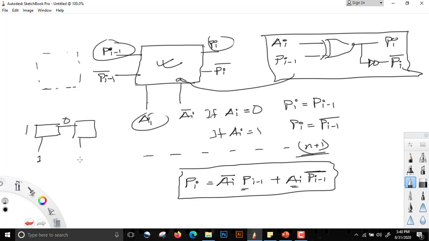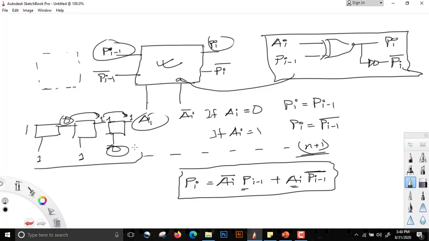If the next input is 1, then what will happen? A is equal to 1 and Pi is equal to 0. Since A is equal to 1, this will change. So we will get parity equal to 1. If we include a new block, suppose now the input is 0, then what happens? We have 1 here and the input is 0, so the parity bit will not change. So our output will remain 1.